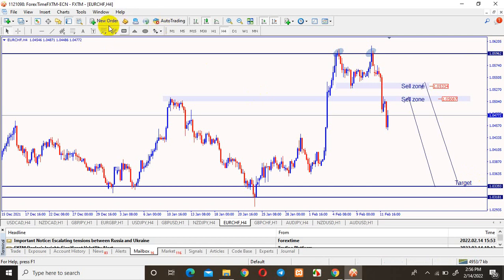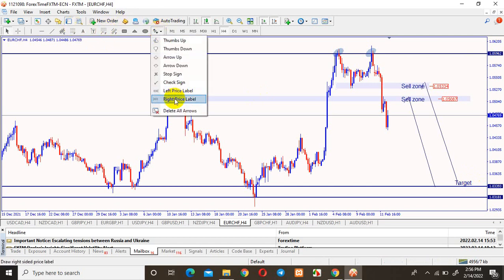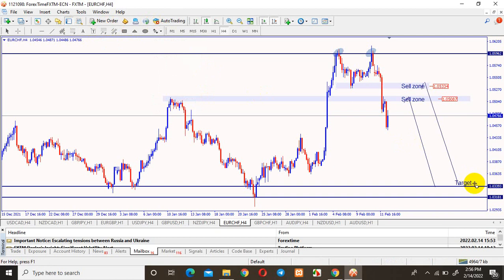We target our profit at 1.03, 1.0346. So that is our EUR CHF chart.